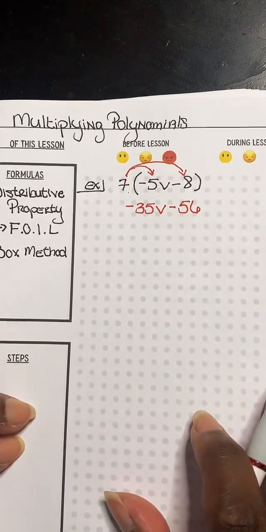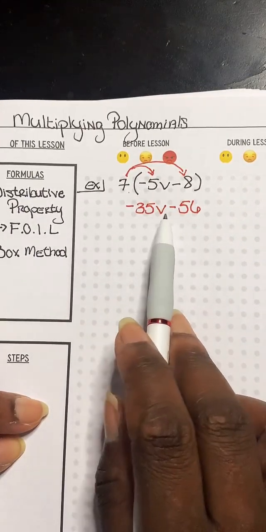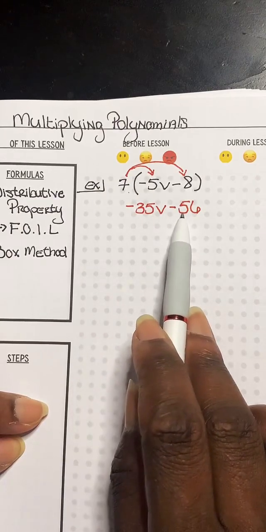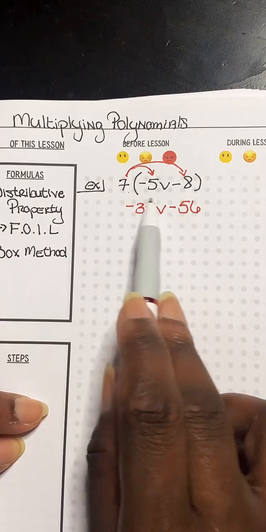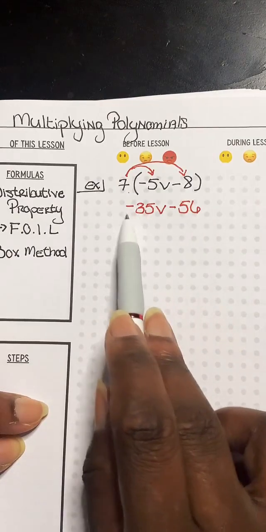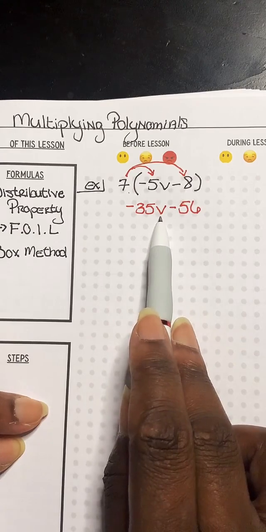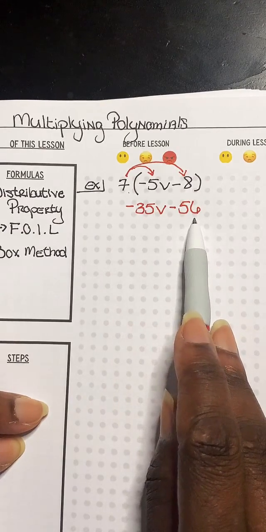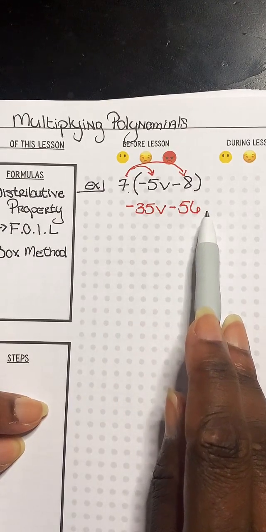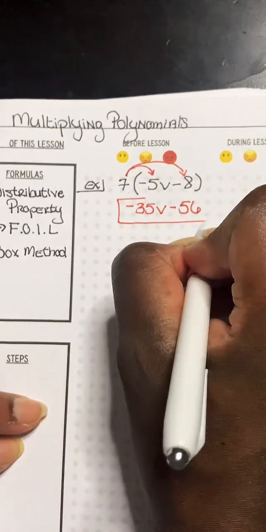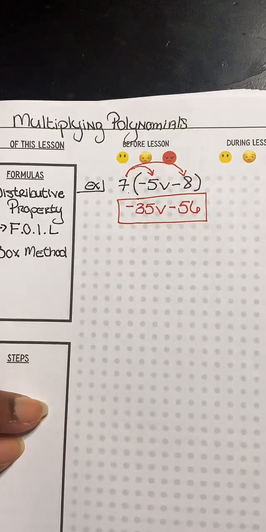Now, one other thing we need to know, which I'll probably show later on, is that when you're adding and subtracting polynomials, we cannot combine these. They are not like terms, because this negative 35v has a v, but the negative 56 does not. So they are considered unlike terms, and this is as far as you can go.